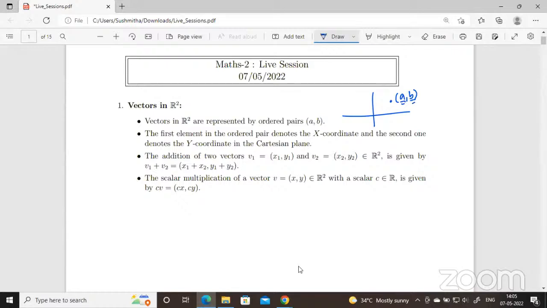So vectors in R2 are represented by ordered pairs because every vector has 2 components, where the first component is the x component and the second one is the y component. If you have two vectors, you know how to add them. How do we add two vectors?